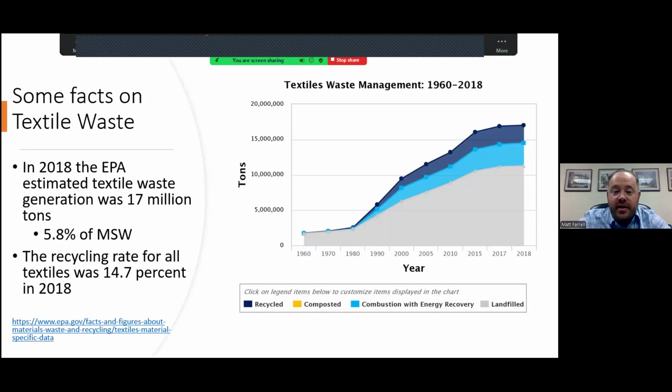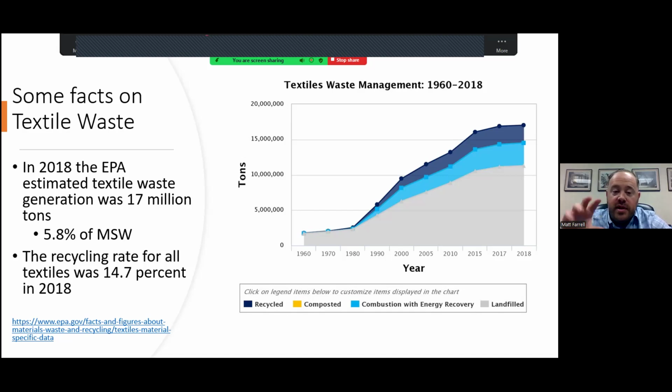So if we change gears a little bit, why do we care about getting glucose from cotton textile waste? The EPA does a pretty good job of keeping up with all types of waste generation and information, even specifically breaking it down for textile waste. And so the last data that we have, even though the website continues to be updated, is from 2018.